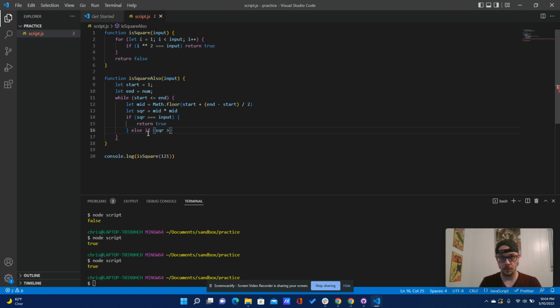What we're going to do here are two situations: one where square is greater than the input, and one where it is less than.